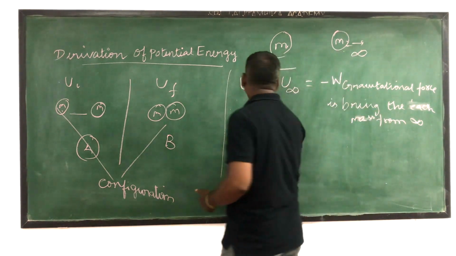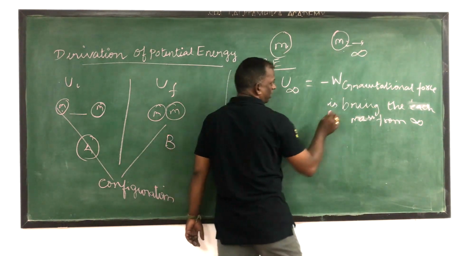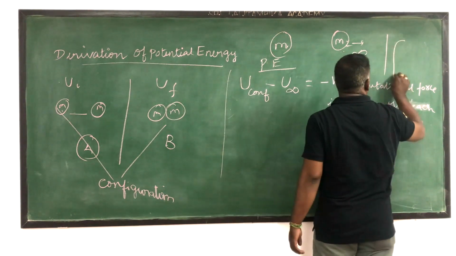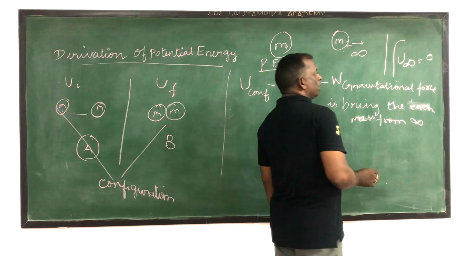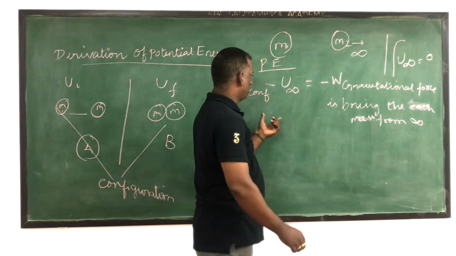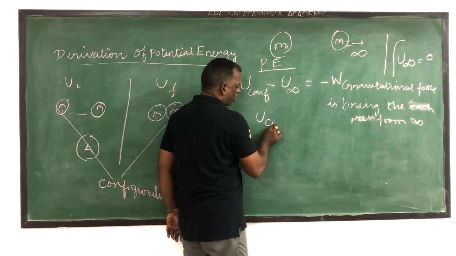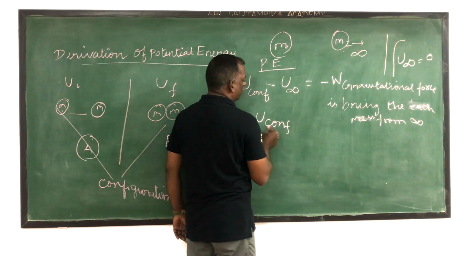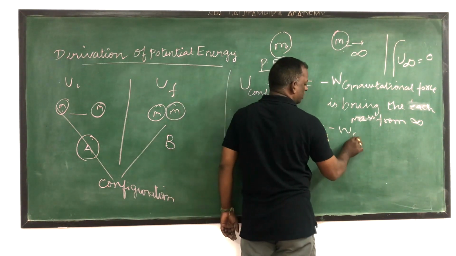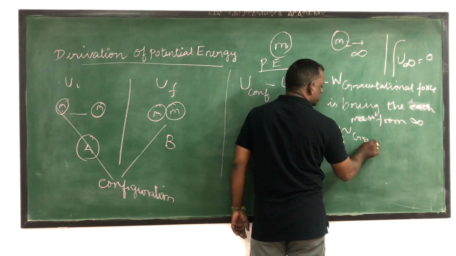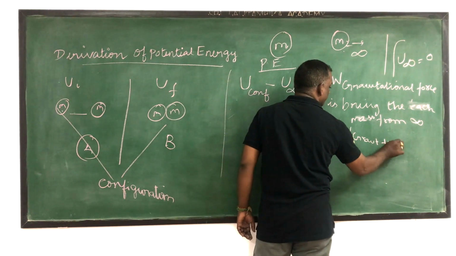So generally we know that இது ஒரு theorem இருக்கு. U infinity, potential energy at infinity, is equal to 0. அப்ப என்ன ஆகுதுன்னா U configuration is equal to minus 0 minus work done by gravitational force.